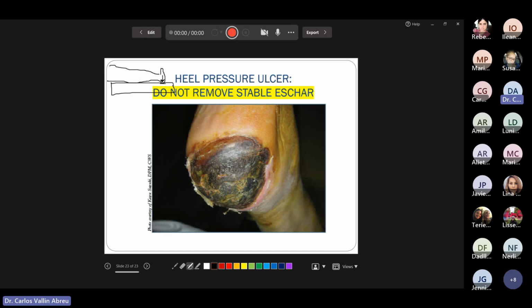It's a doctor's decision, but doctors generally don't remove this specific heel eschar, because if they remove it, the bone is going to be left exposed and will suffer necrosis. So they'll wait until the granulation tissue covers the bone and the eschar is released spontaneously.